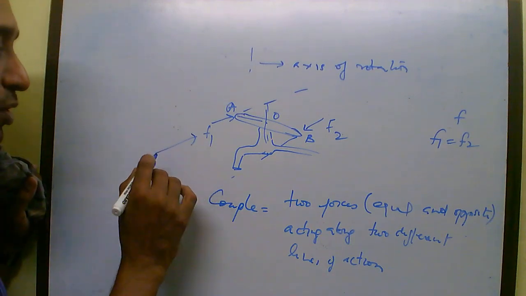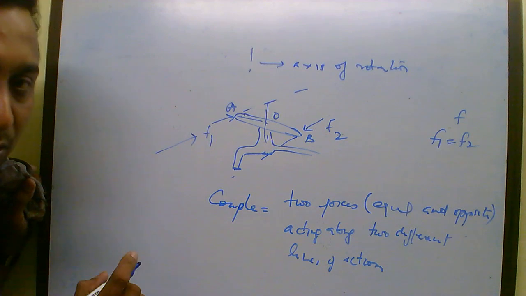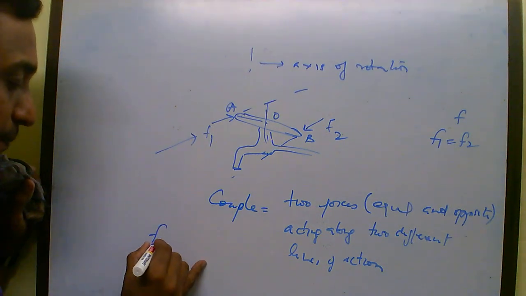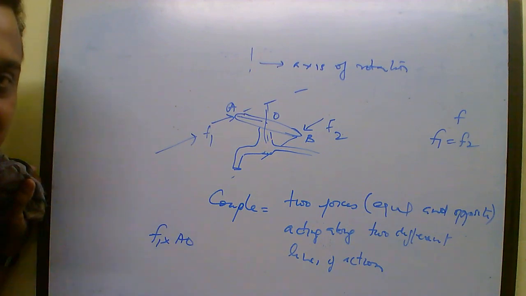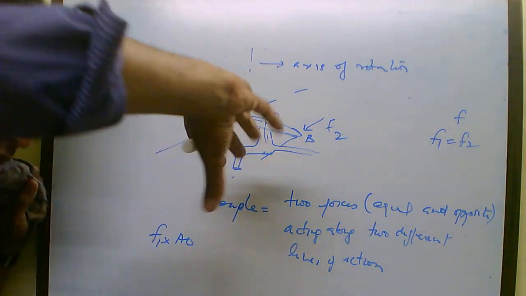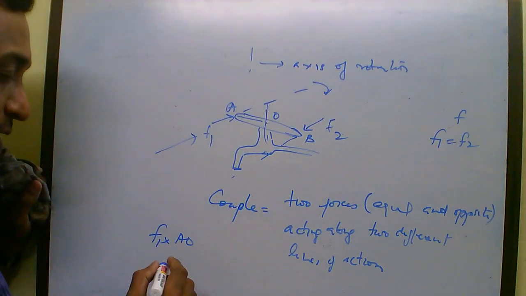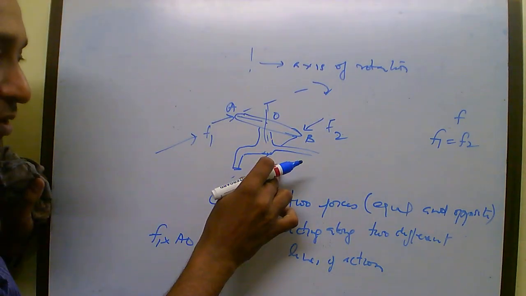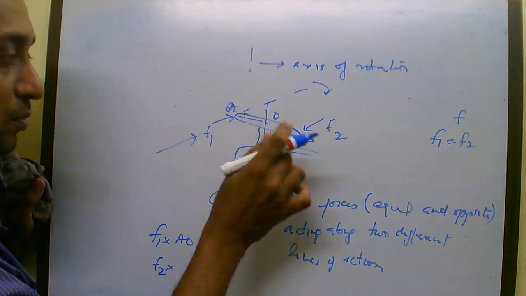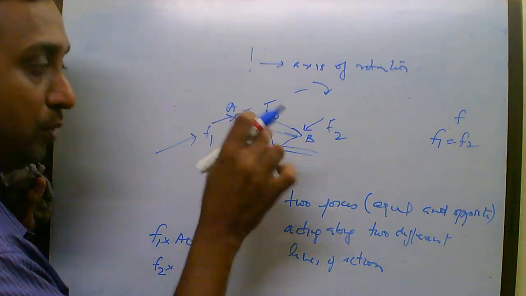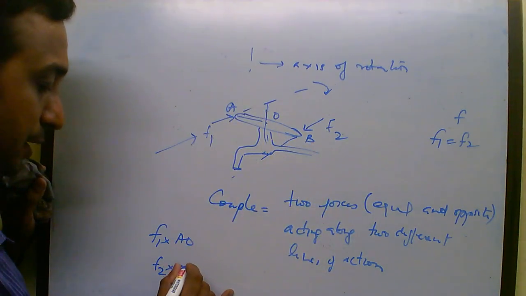So what is the moment of force created by this F1 at the point O? Force applied into perpendicular distance, so that is AO. What does it do? It tries to turn the body clockwise. Similarly, what is the effect of F2? The moment of force of F2 at O is force applied into perpendicular distance, that is OB.